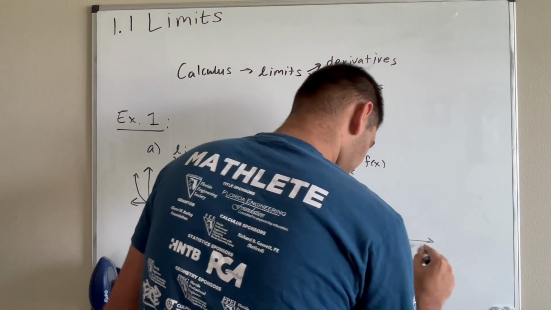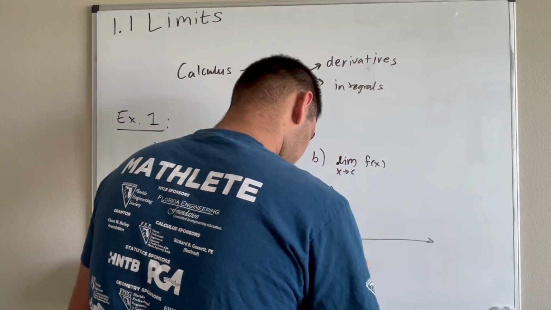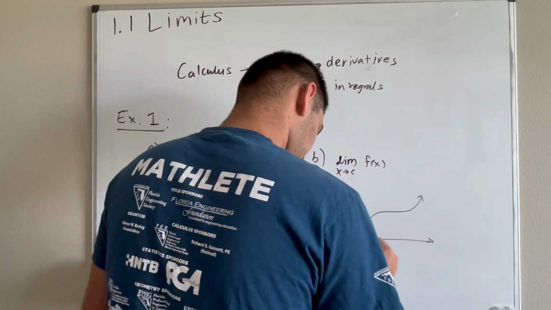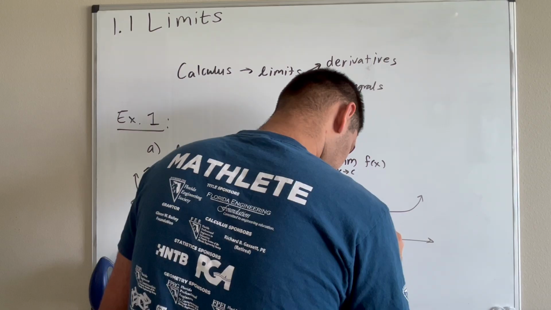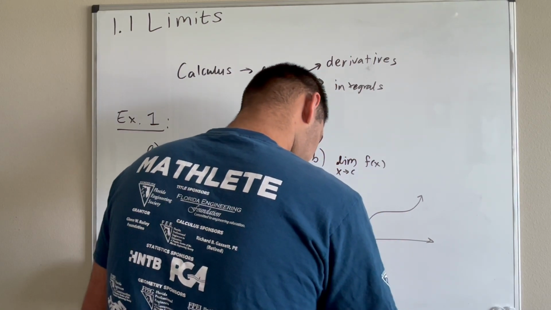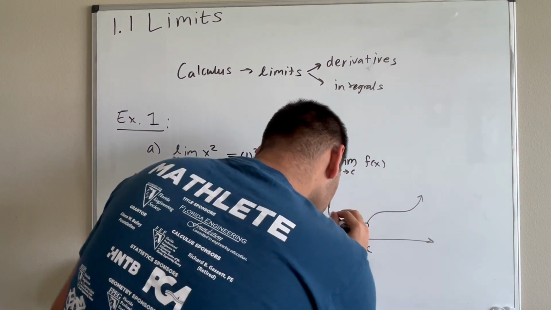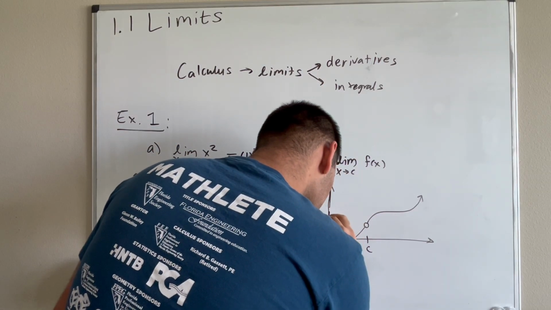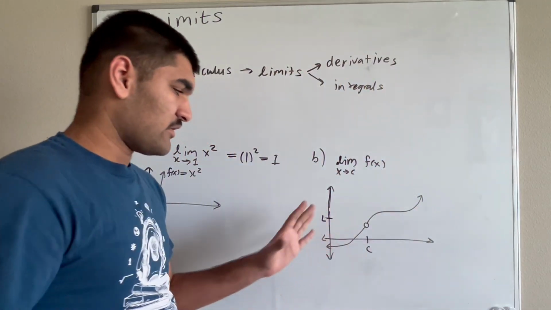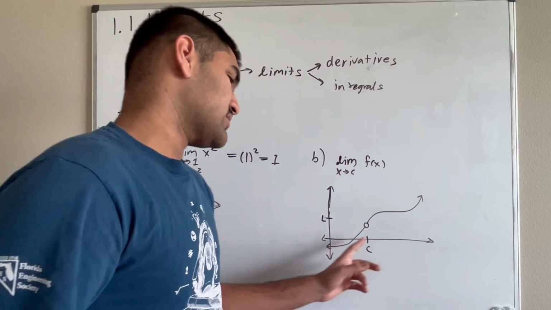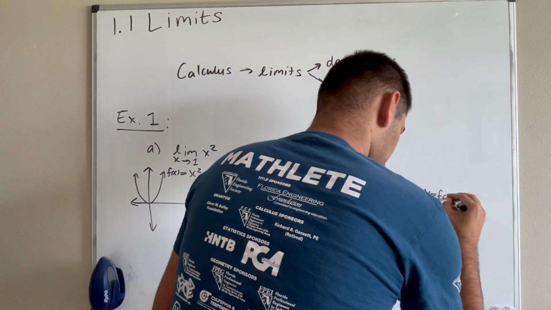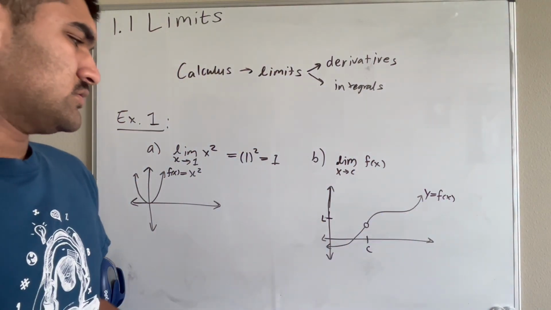So I'm going to give you this graph of f, right? All right, so this is the graph. What's the limit as x approaches c of f of x? This is the graph of y equals f of x. Okay, so what's the limit?